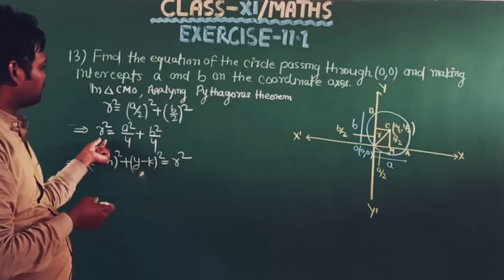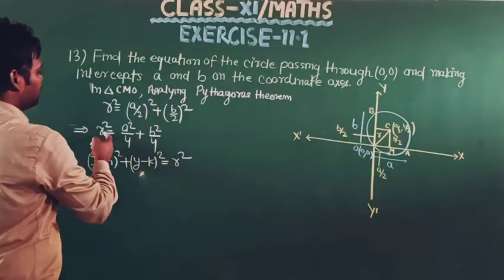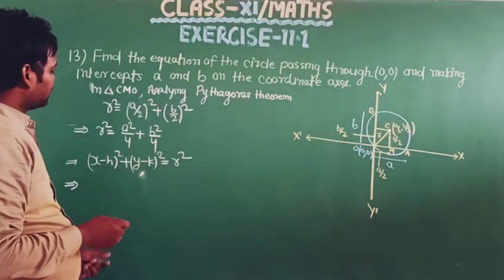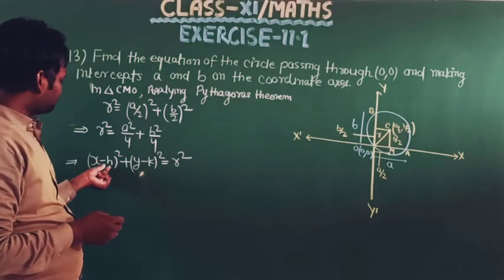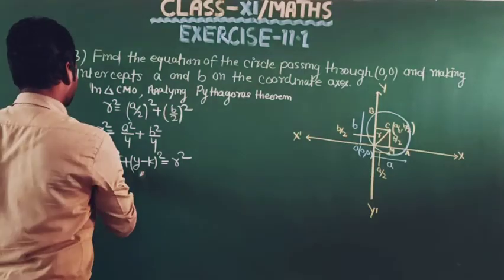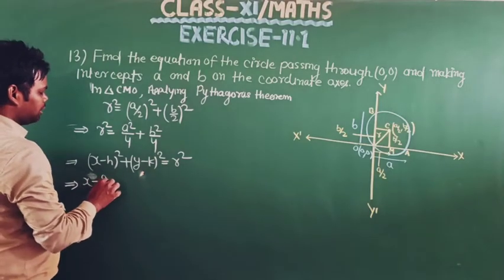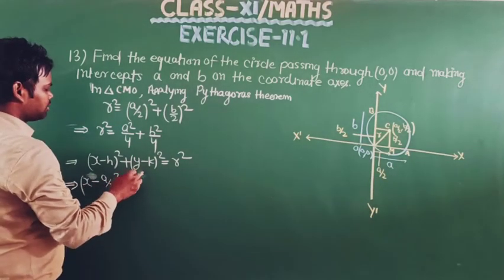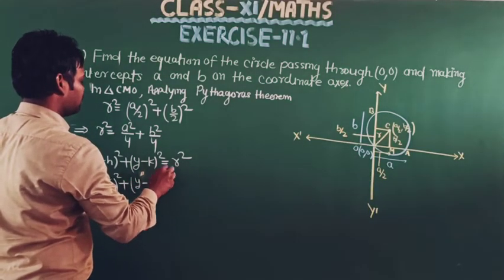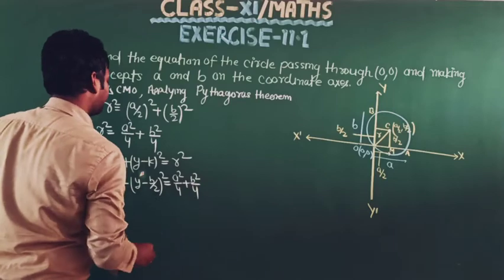We have to substitute here the value of r square, that is A square by 4 plus B square by 4, and the center A by 2, B by 2. So the equation becomes x minus A by 2 whole square plus y minus B by 2 whole square equal to A square by 4 plus B square by 4.